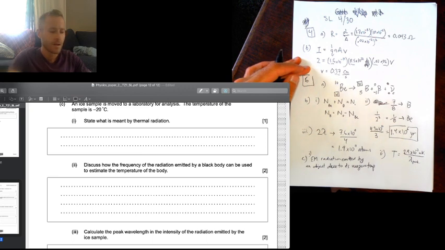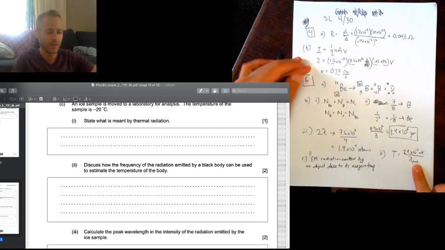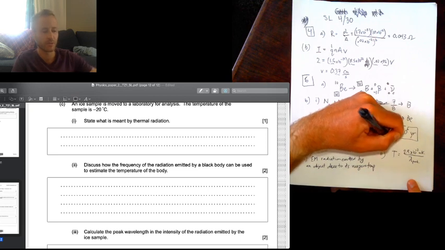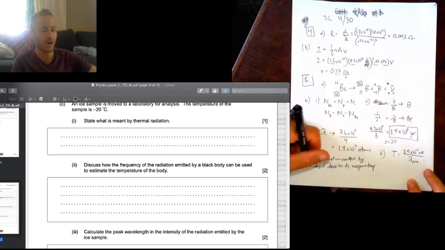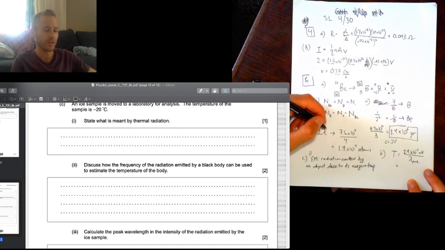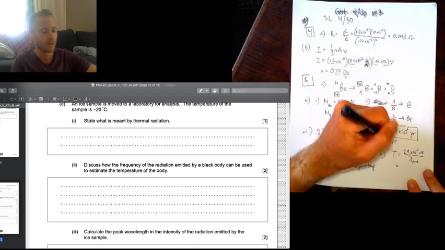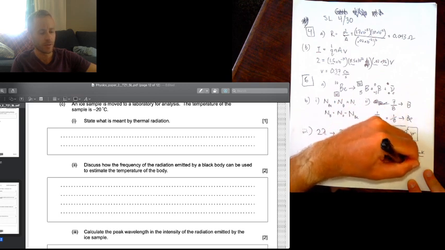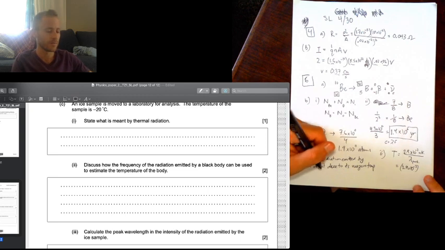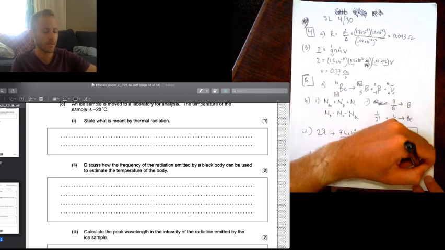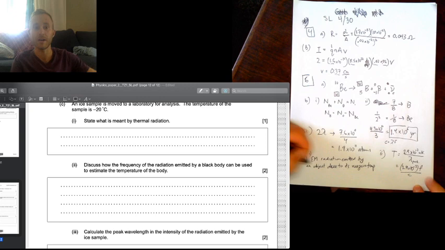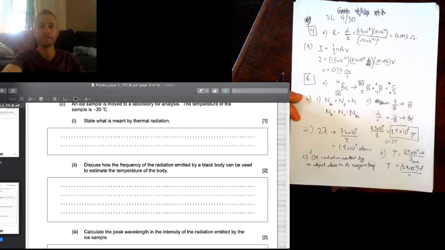And then for lambda, we have c equals lambda f, so we can write the law as 2.9 times 10 to the minus 3 times f over the speed of light. So we could use that.